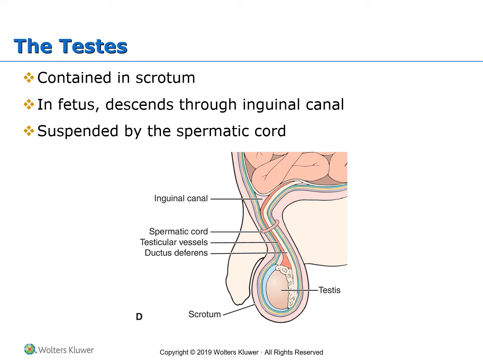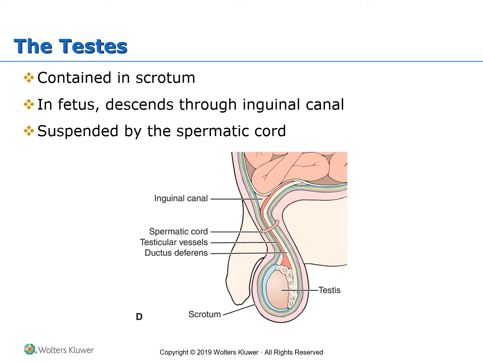The testis is suspended by what is called the spermatic cord, which extends and passes through the inguinal canal from the abdominal cavity to the outside. The cord contains the blood vessels, lymphatic vessels, nerves, and ductus deferens. In order to be normally functional, the testis needs to be completely descended in the scrotum at birth.